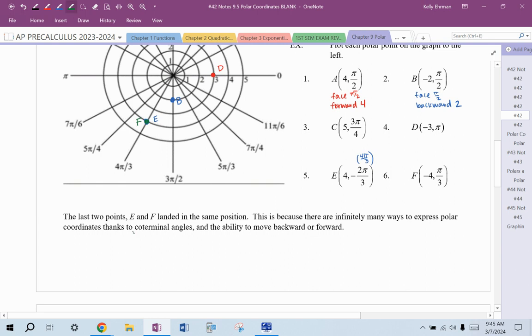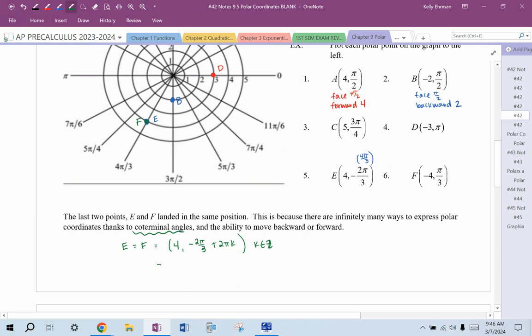So because of coterminal angles, we could really say that point E and point F are equal to 4 and then negative 2 pi over 3 plus 2 pi k, where k is an integer. So this gives me an infinite number of possibilities.